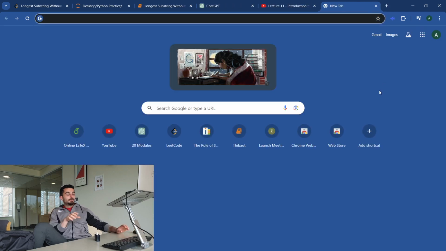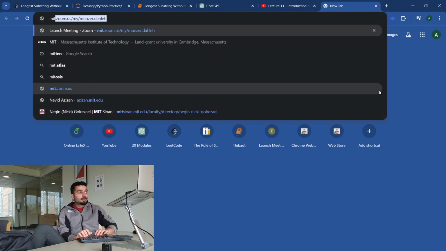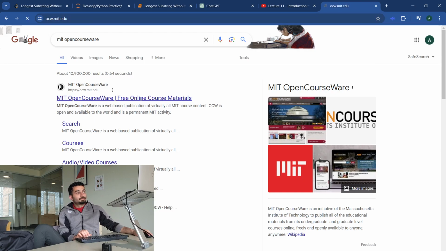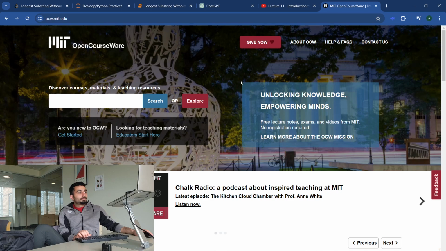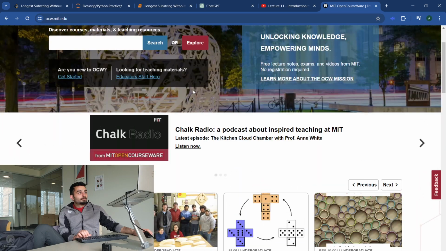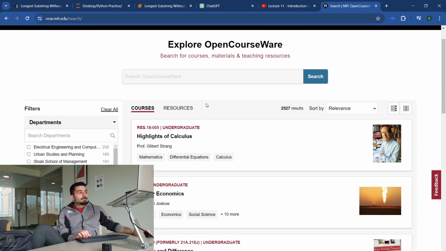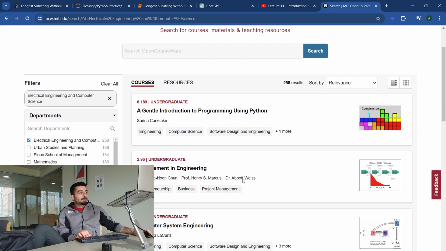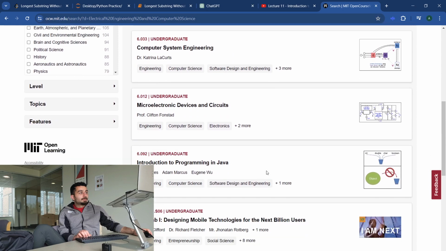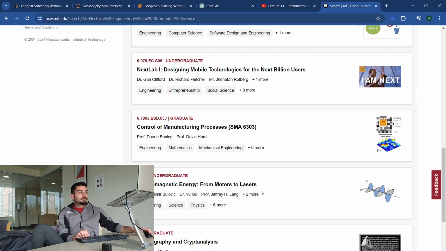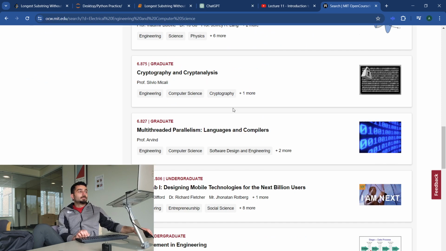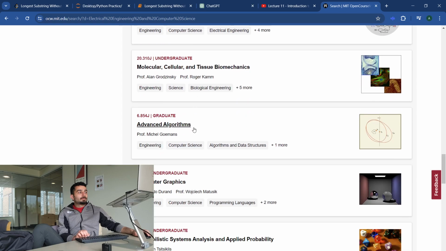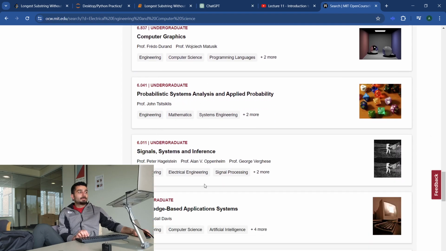Also, I'm interested to find MIT OpenCourseWare. Explore. Calculus. Okay. Department, computer science. That's a good course. Programming in Java or not. These are sciences that nobody uses anymore, by the way. Advanced or not advanced, just the algorithms.